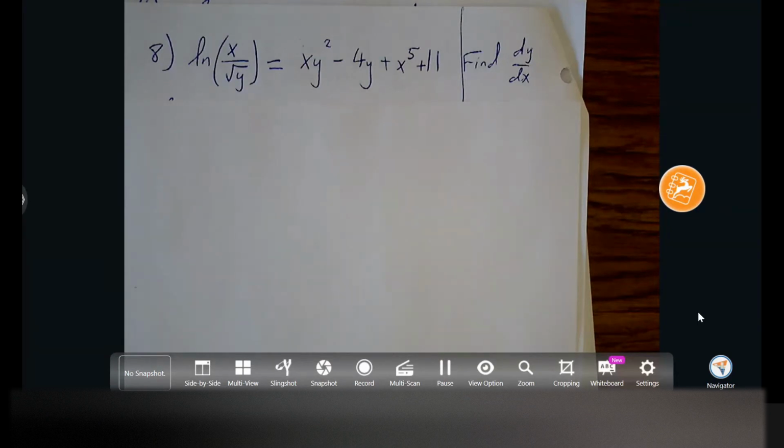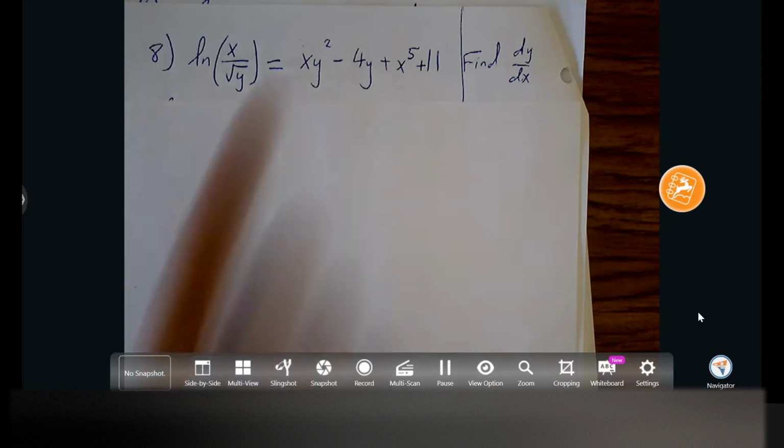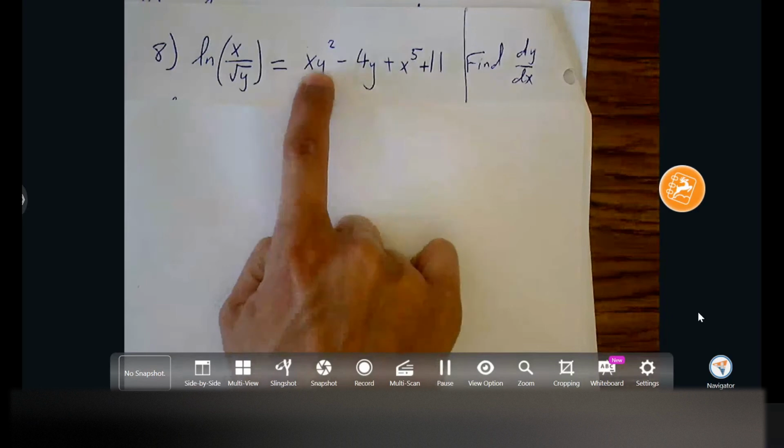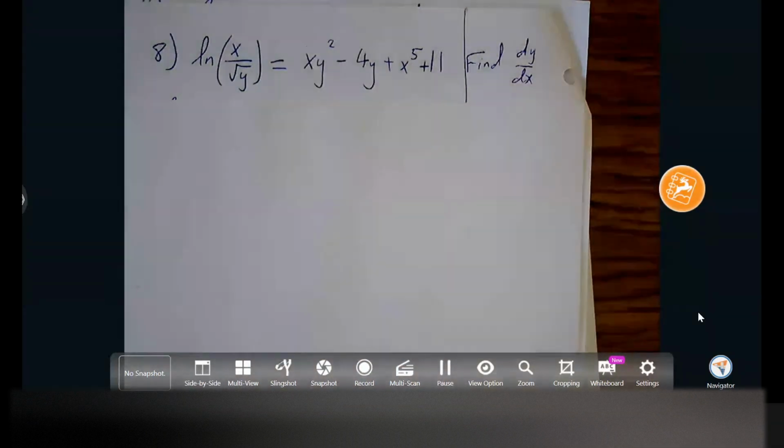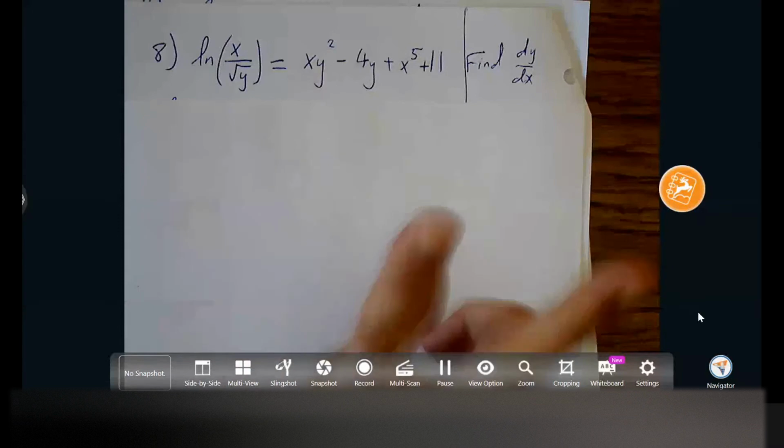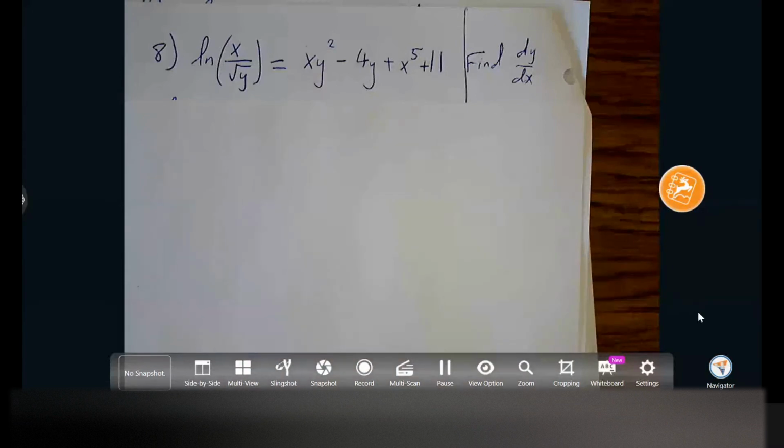There are 3 things I want you to mention. Implicit is one of them. What's another thing you want to be aware of? Something about that xy squared. Product rule? Yeah, that's product rule. See how those are 2 separate terms multiplied together? Product rule. So that's the second thing. One more thing.